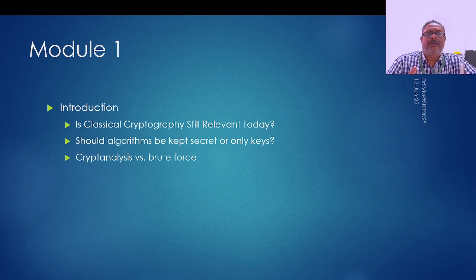But unless the algorithm plus that key are used together, decoding the coded text is not possible, or deciphering or decrypting is not possible. So for that, the key is essential.